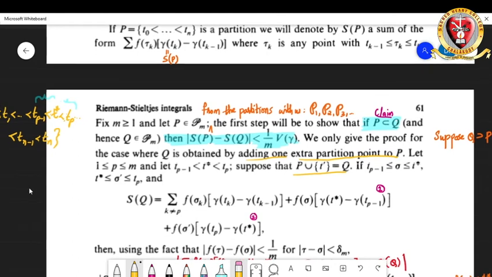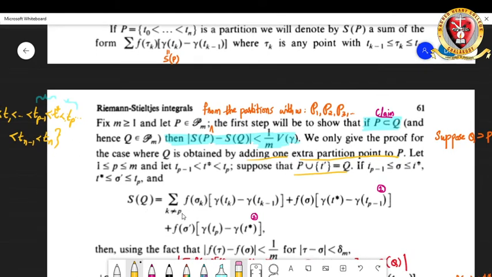So what we do is, I am not going to consider the TP minus 1 and TP interval here; the rest of them are here: f of sigma k into gamma of tk minus gamma of tk minus 1. Plus then we are going to consider the subintervals, the closed interval TP minus 1 to T star and T star to TP. From those intervals, we had selected the points sigma and sigma dash.